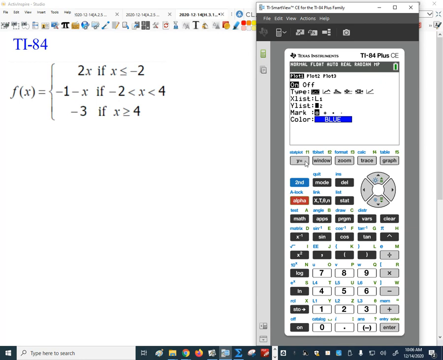But if I do alpha and I go over to, oh, it didn't work. I might have to mess with this next time. There we go. So if I go Y variables, if I go Y1, how come it didn't put it in?